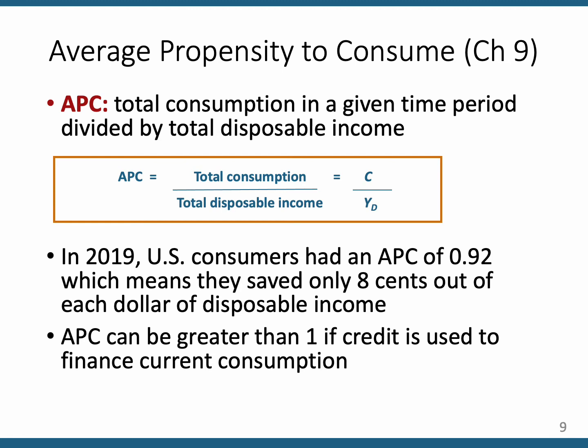Believe it or not, when the economy improves, people spend more of their income, the opposite of what you would think. And then when the economy is doing more poorly, they usually save more as a percentage of their income. They sort of correct their bad habits and pay off their credit cards when it's a recession. But in 2019, this was a pretty good year, 0.92. So that means the average propensity to save was 0.08. People were saving 8% of their disposable income.